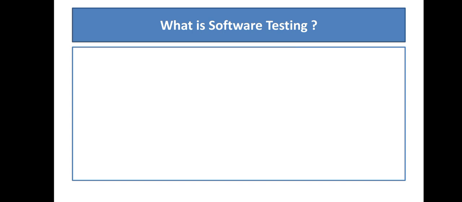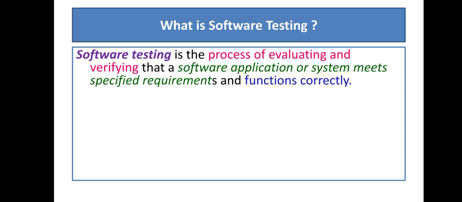Now, what is software testing? I said already, software testing is a process of evaluating and verifying. After the development of the software, one has to go for verification. It is a process of evaluating and verifying that a software application or a system meets the specified requirements and functions correctly. Whatever software product we have developed, before deploying it, we have to verify its quality, that is the defects, and customer satisfaction.